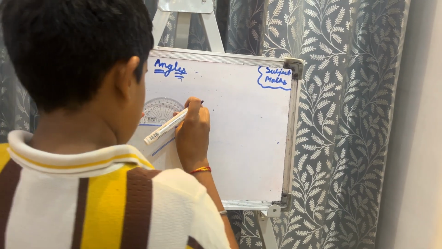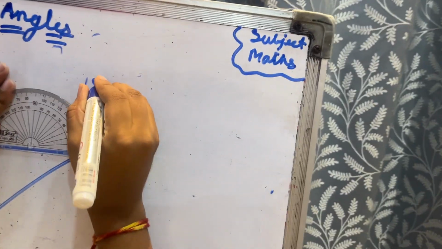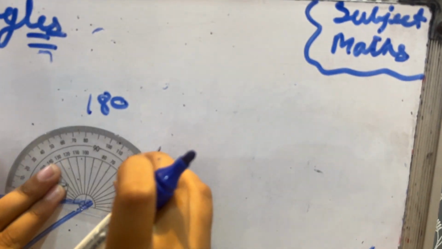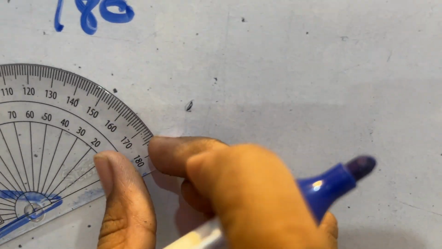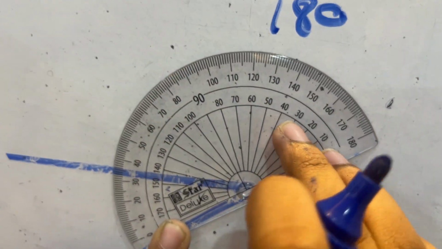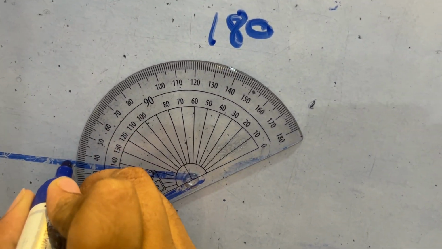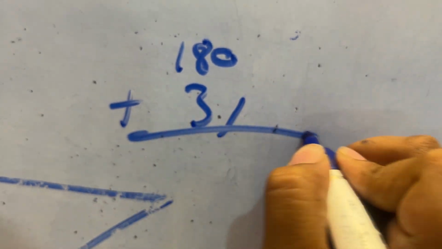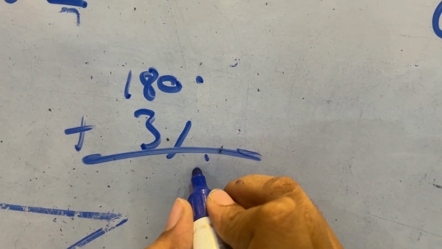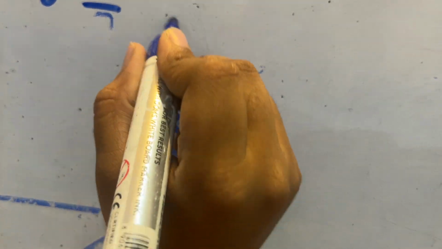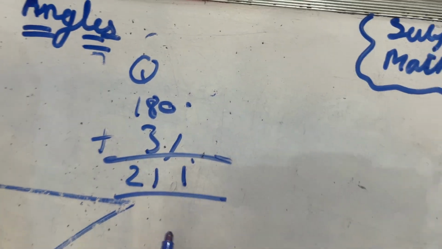So 180 plus, measure this acute angle. How do we measure it? Like this. So which is coming? 31. Then we have to add 31. So our answer is 211 degree.